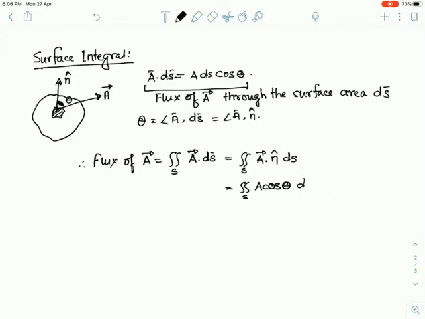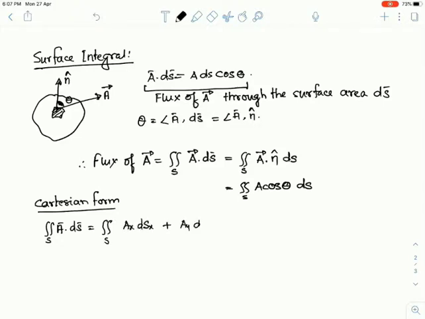So you see this A cos theta represents the projection of vector A on this unit vector n. So in Cartesian form, A dot ds equals Ax dsx plus Ay dsy plus Az dsz within this double integral.